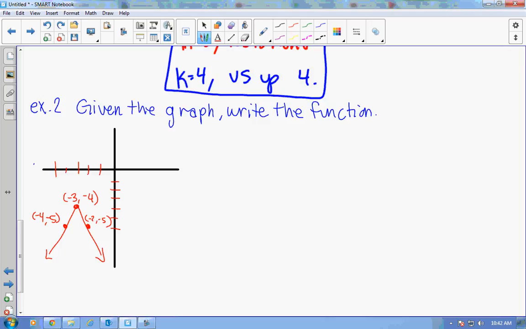Okay, so we have to make sure we have absolute values in our graph. Okay, Sammy, what is the vertex of this graph? Good, -3, -4. We use -3, -4 in our vertex form of the function. Y equals, leave a space for the A, absolute value of X, something, something. Opposite, same.